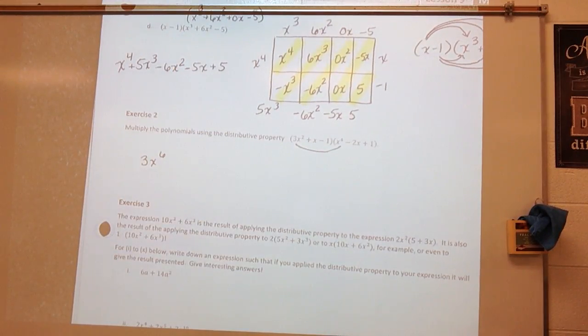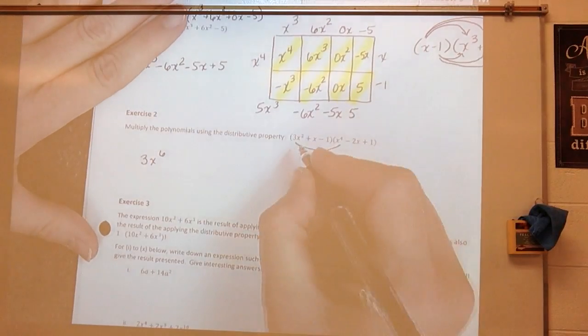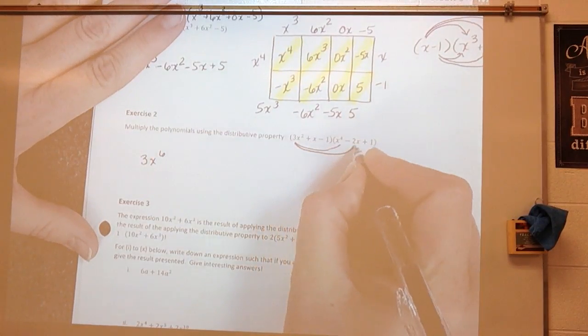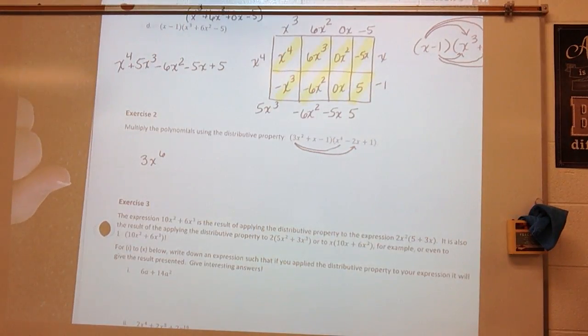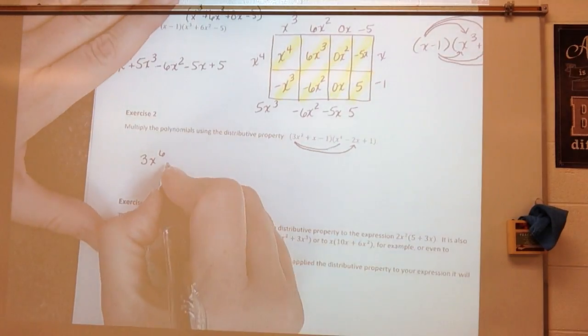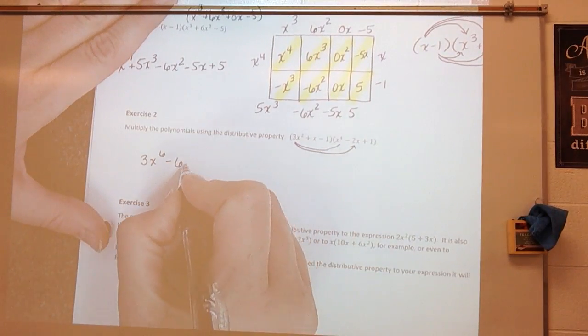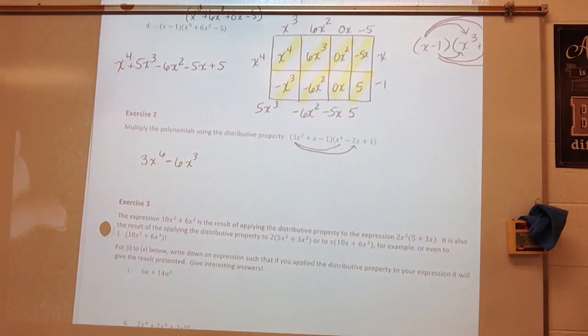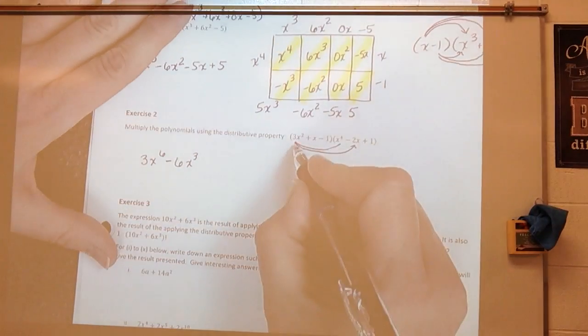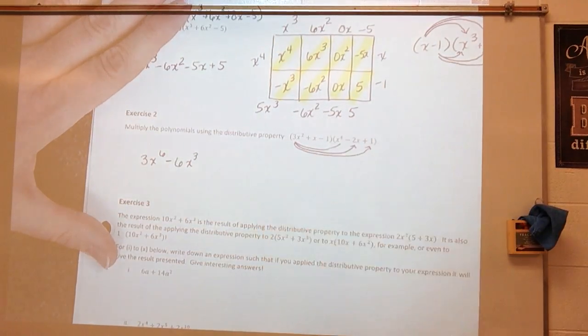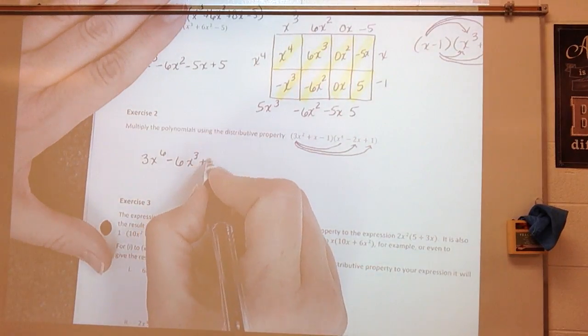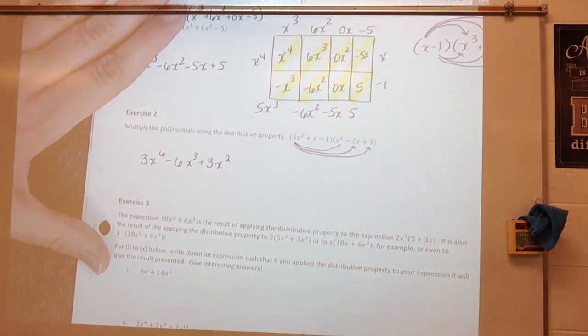X to the 4th times x squared is x to the 6th. I'm just adding my exponents. All right. 3x squared times negative 2x is negative 6x cubed. 3x squared times 1 is 3x squared.